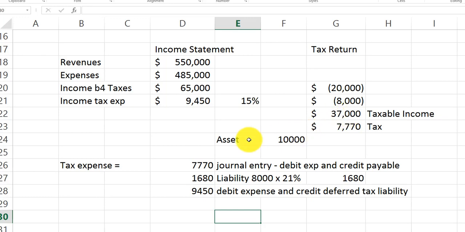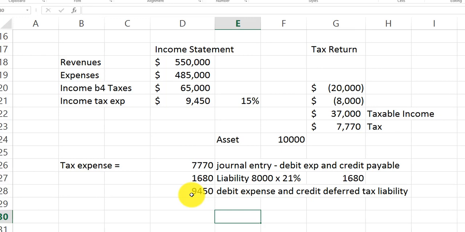And that means your deferred tax liability is going to be going down. So next year, absent any other changes, you're going to be debiting the liability and crediting the expense. That's what we call reversing the deferred tax liability.